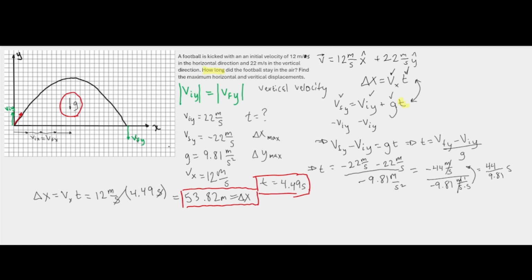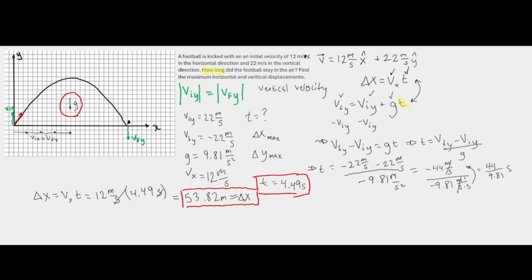Now, when we look at the graph, we can see that our maximum vertical displacement is not going to be over here. This is the maximum horizontal displacement because that's how far it traveled horizontally. But since its position is changing and it's changing signs, it's increasing and then decreasing in the vertical direction.